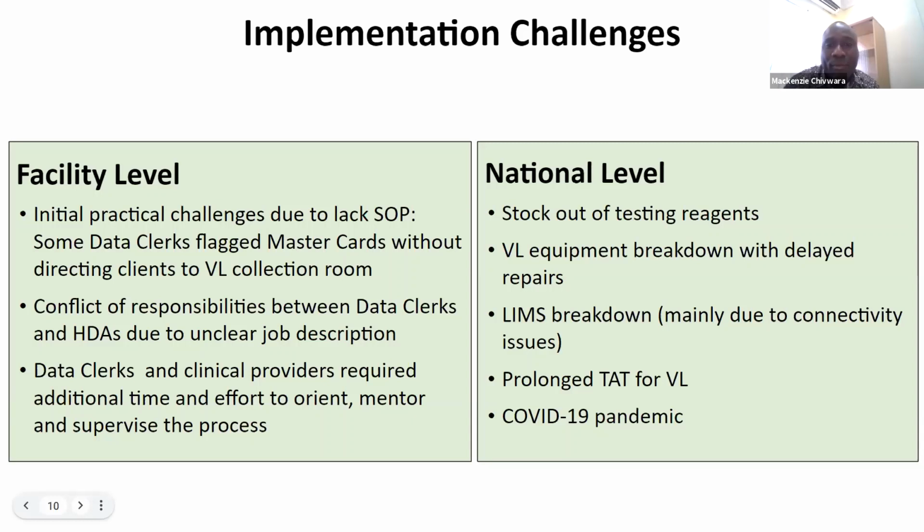The laboratory information management system, which is the system through which viral load results are reported, also had challenges in terms of connectivity and downtime. All these combined prolonged the TAT for viral load testing and result reporting. We cannot conclude without mentioning also the impact of COVID-19 in the whole process.